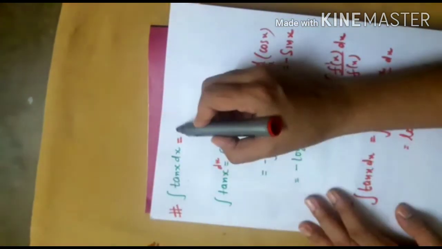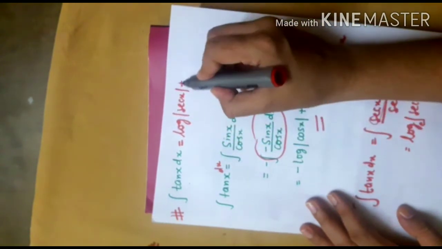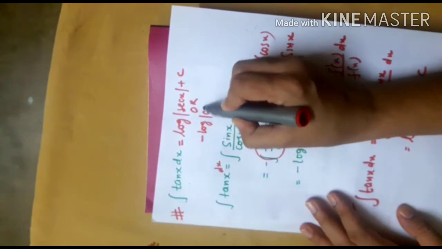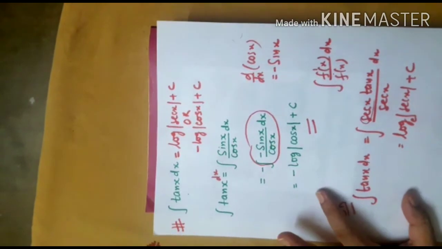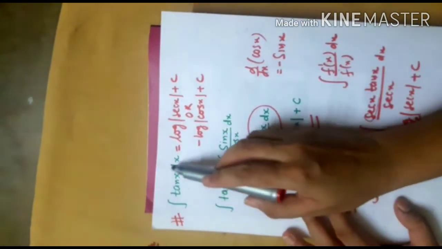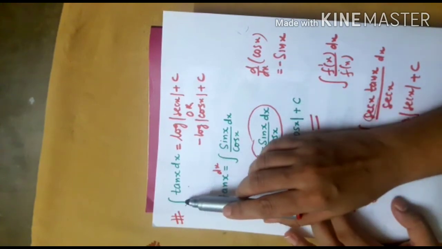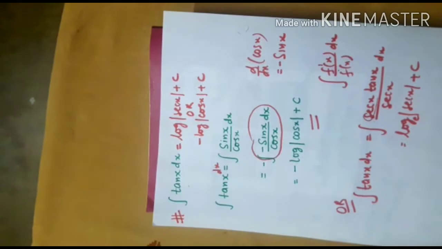So remember this, integral of tan x is log secant x plus c, or we can write minus log cos x plus c. Now we shall be using this as the formula. So whenever we are to find integral tan x, we will be using it directly.